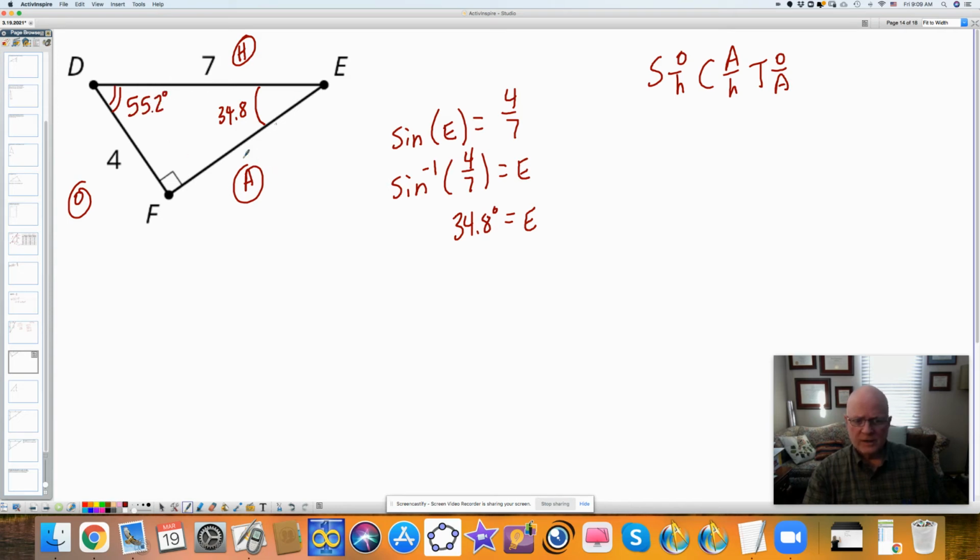Now to find this missing side, let's call it x. I could use a squared plus b squared is c squared. Or, since I know the angle, the adjacent and the hypotenuse would be the cosine. So I could put the cosine of 34.8 is equal to x over 7. Multiply both sides by 7, and I get x is equal to 7 times the cosine of 34.8.